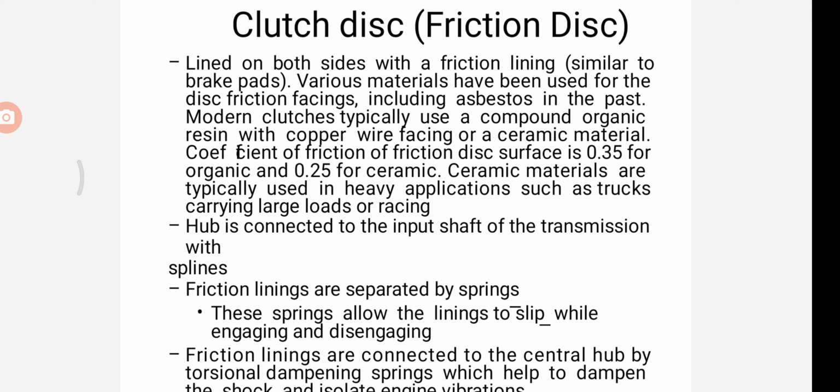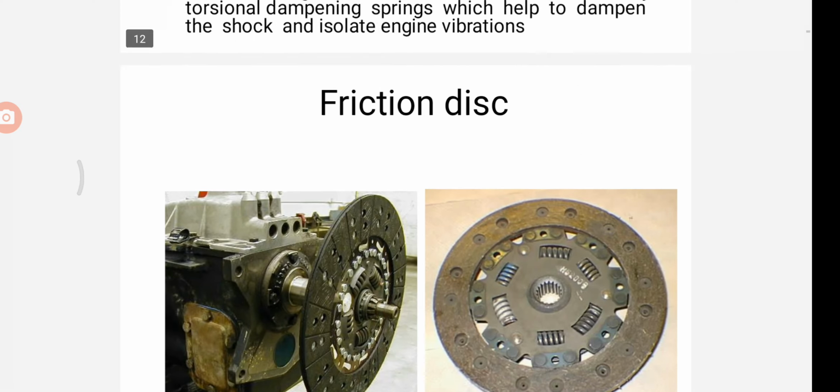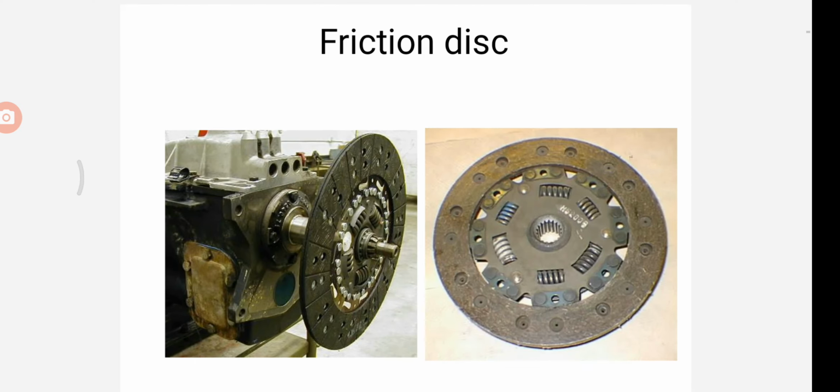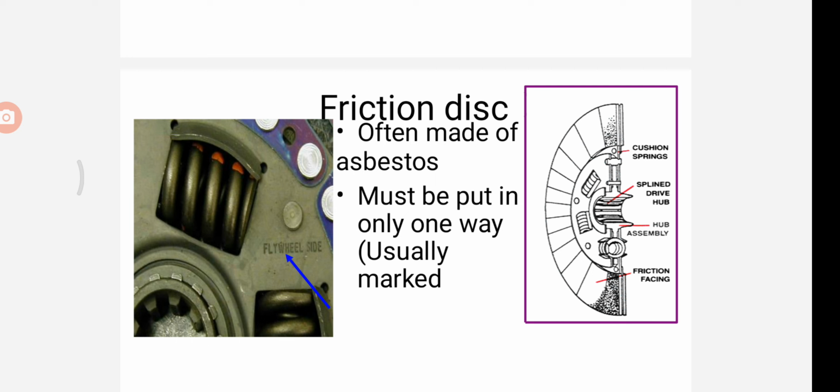So this is the use of the friction disc. This is the diagram of the friction disc. Mostly the friction discs are made of asbestos.